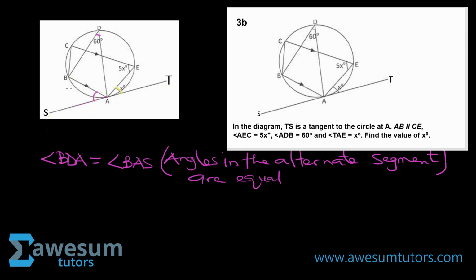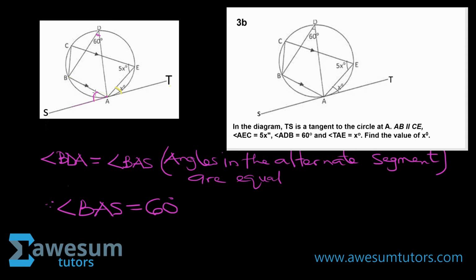Now what is BDA? BDA is 60 degrees. That means if BDA is 60 degrees and we said angle BDA is equal to angle BAS, that tells you that angle BAS equals 60 degrees.